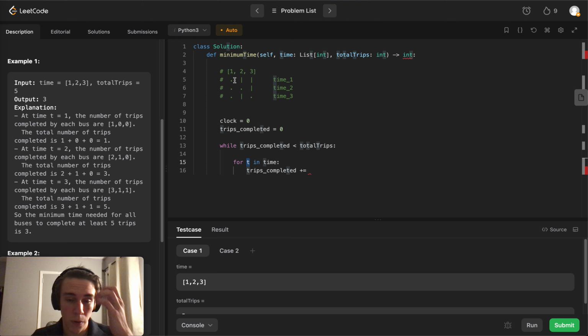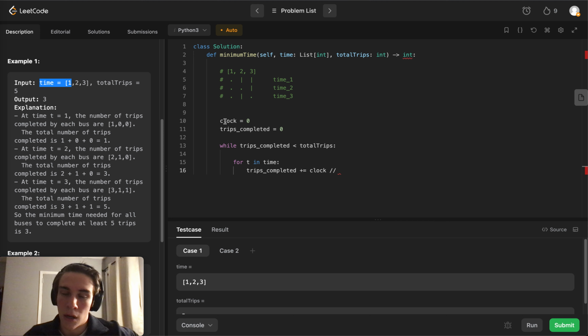Okay, and what are we actually doing here? At a certain time, the relationship between the times and the clock is per some unit of time. It takes some unit of time to travel for one bus, right?